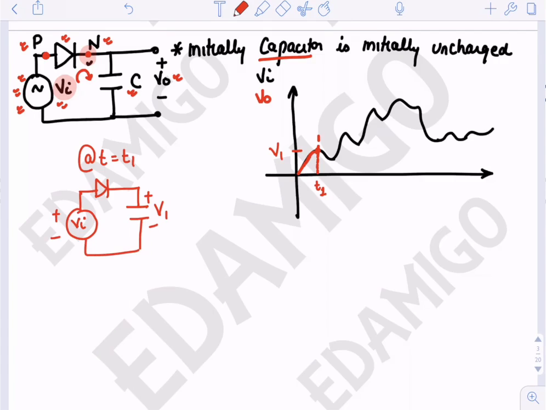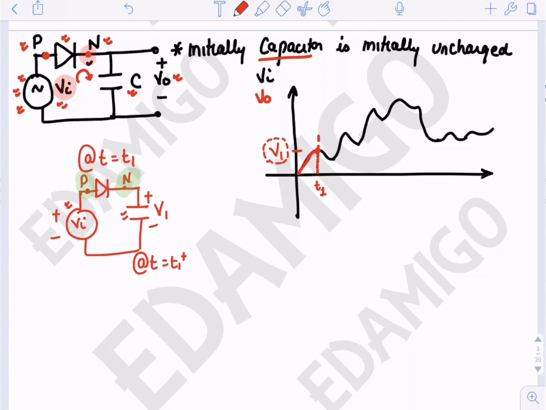Now at t equals T1 plus, that is just ahead of T1, the input is getting below V1 volts. This is the P terminal, this is the N terminal. So the N terminal has higher voltage than the P terminal, so the diode will turn itself off, and when the diode is off, the capacitor sees an open circuit on both sides.